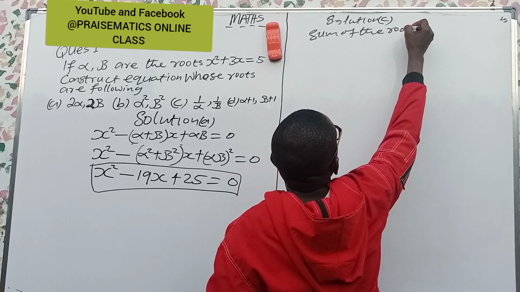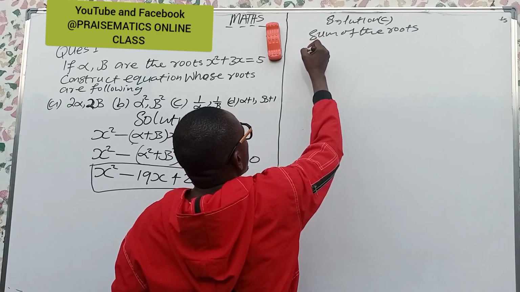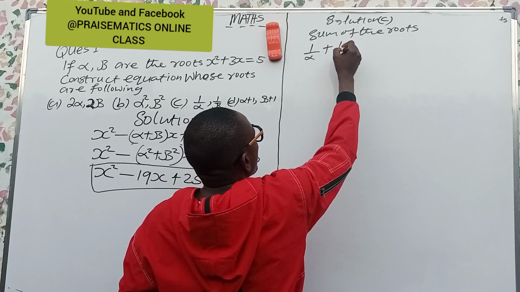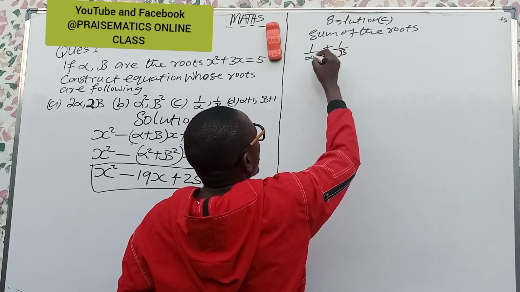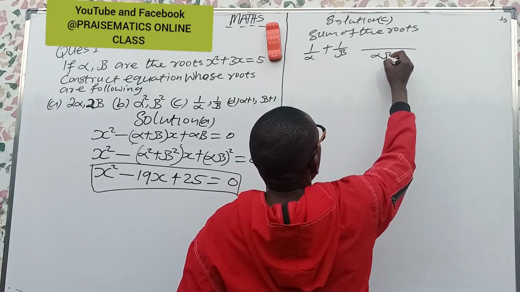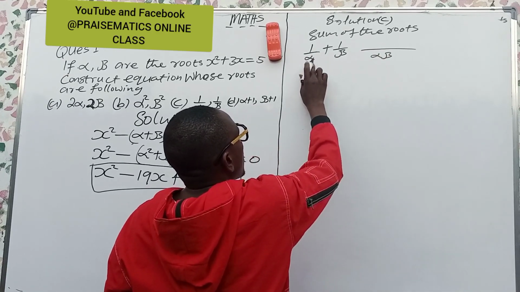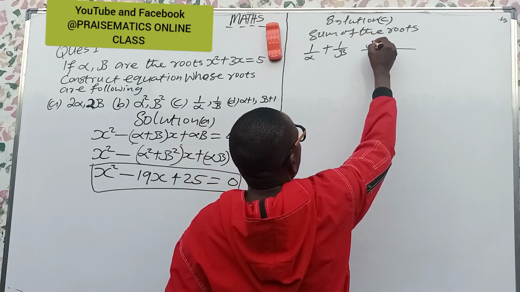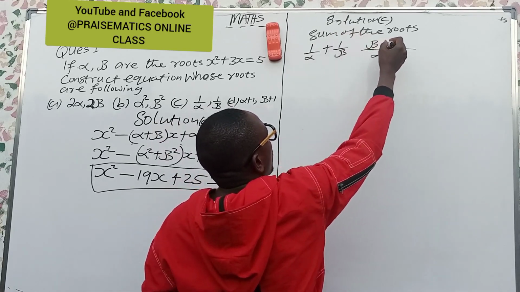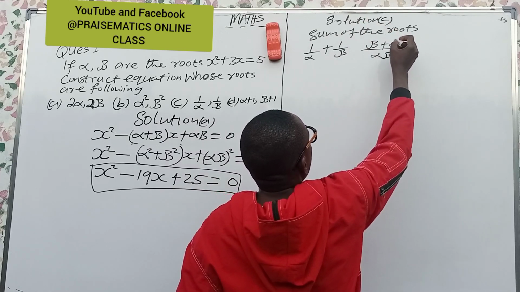We have 1 over alpha plus 1 over beta. What is the LCM? The LCM is alpha beta. Alpha will cancel beta, and this is beta, plus beta will cancel alpha, which is alpha.